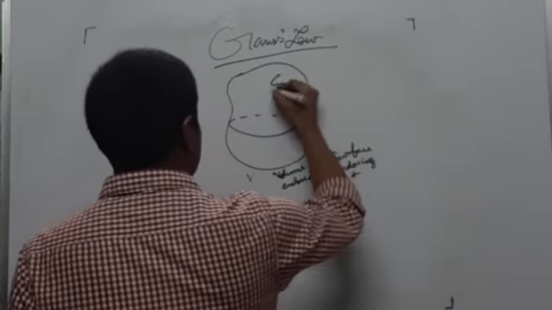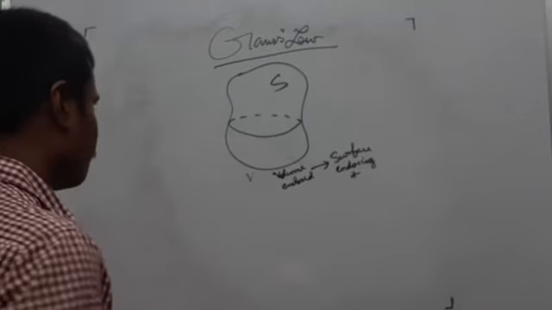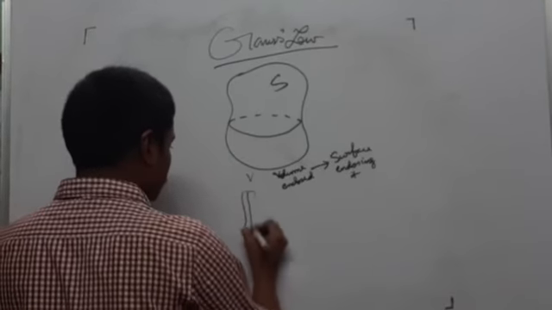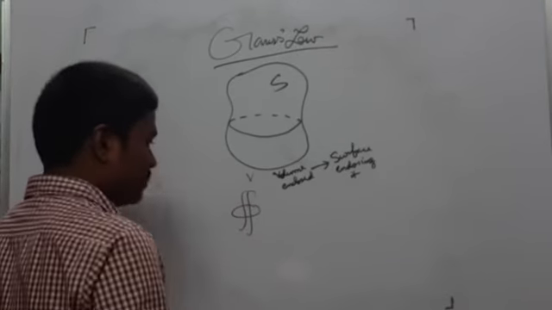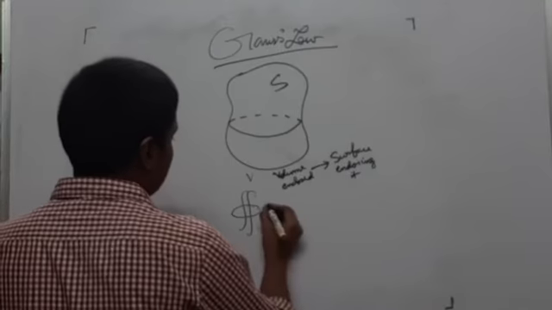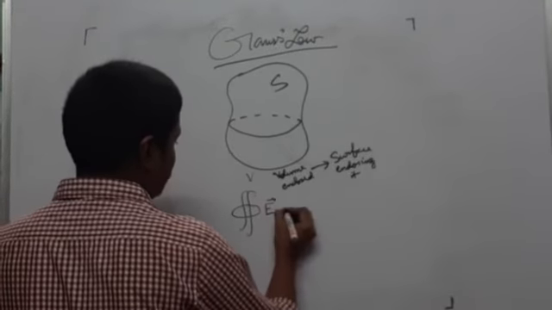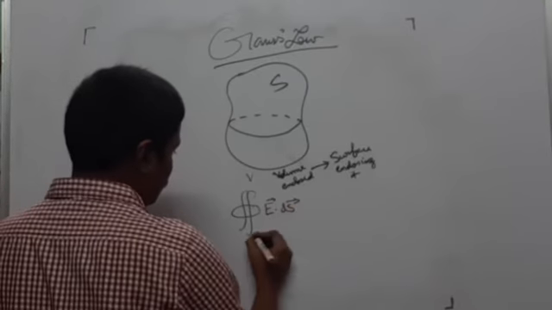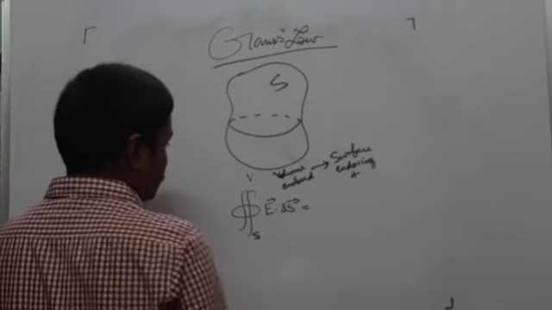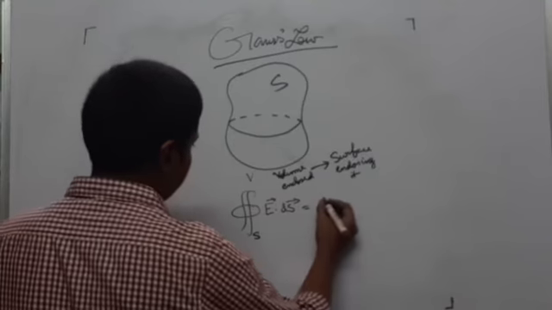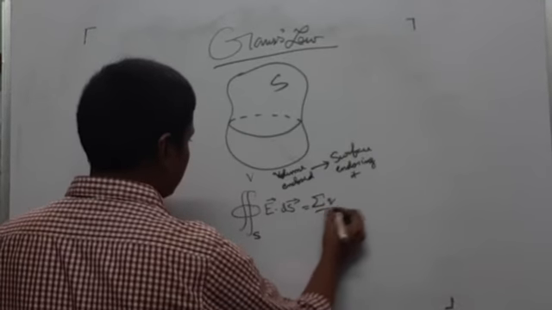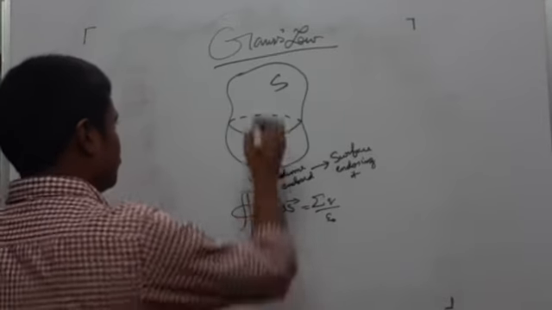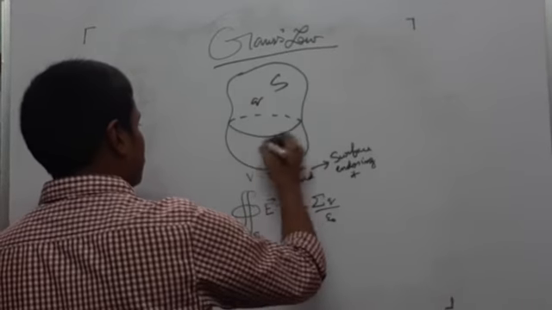Let's just say the surface enclosing the volume is S. So in electrostatics, Gauss's law simply states that the closed surface integral of E dot dS over S is simply proportional to the total amount of charge enclosed by that surface.